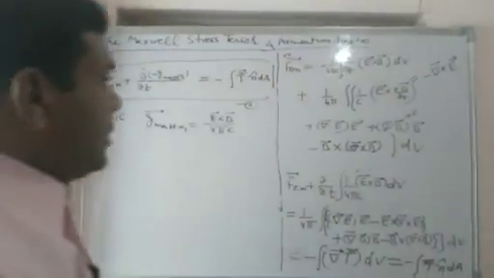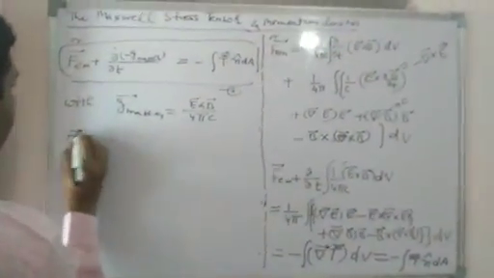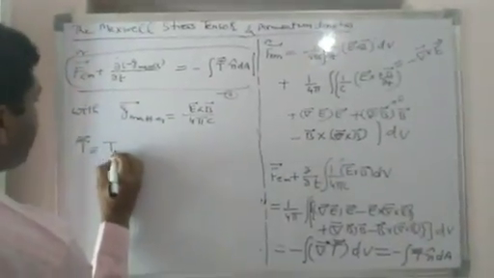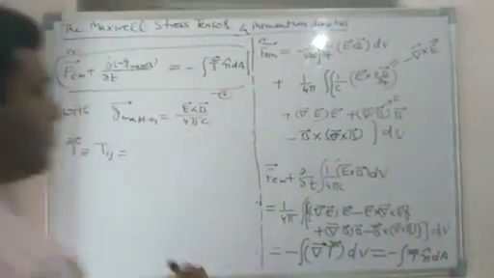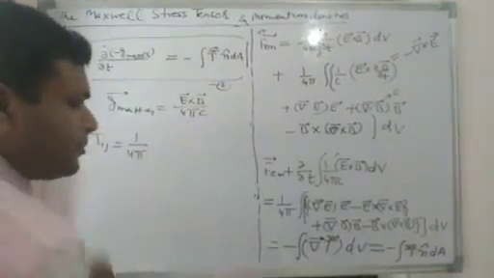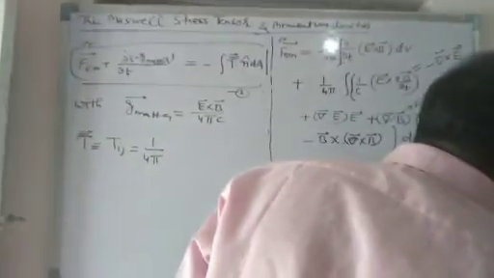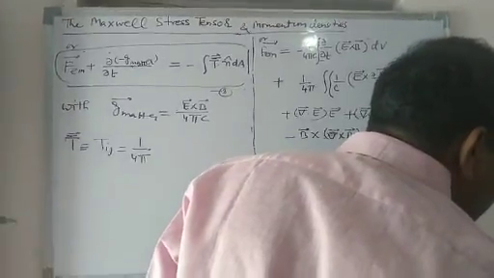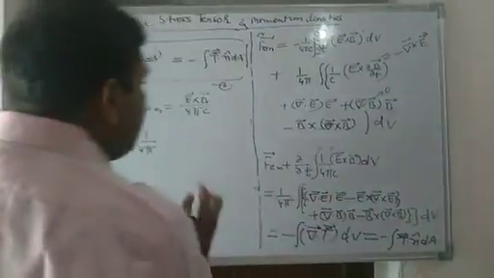Okay, so this is one thing, and then we have T vector. This is also written as Tij, and that would be basically 1 over 4 pi, and then we could write this as Ei Ej.